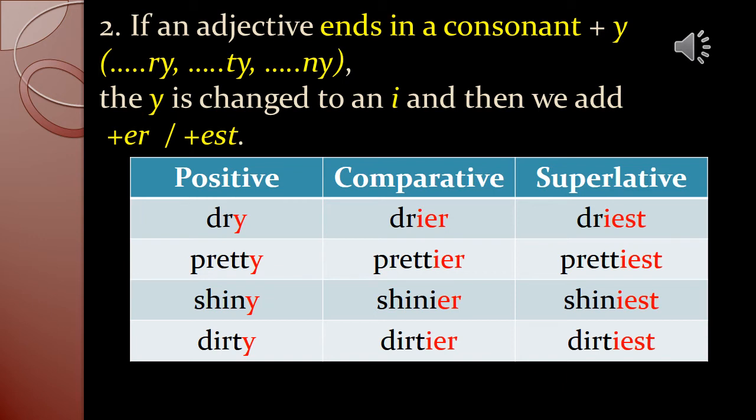Dry, drier, driest. Do you see how the letter Y changes to I, and then we plus ER or EST? Pretty, prettier, prettiest. Shiny, shinier, shiniest. Dirty, dirtier, and dirtiest.